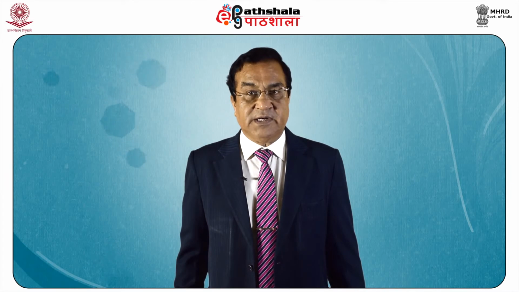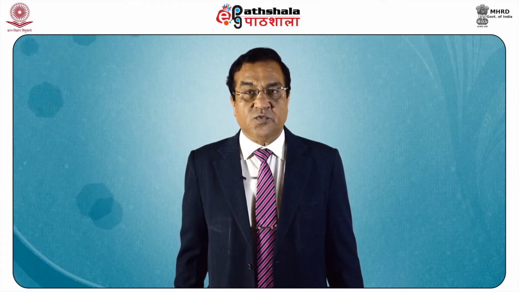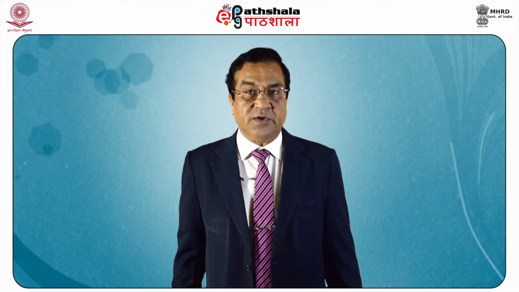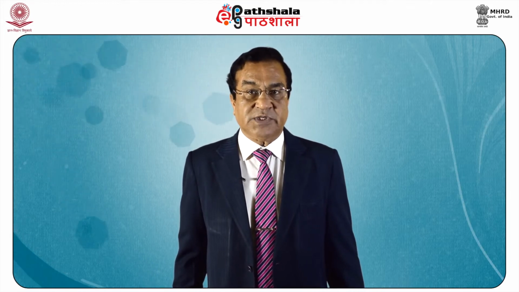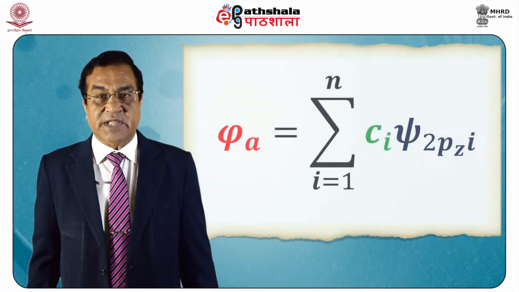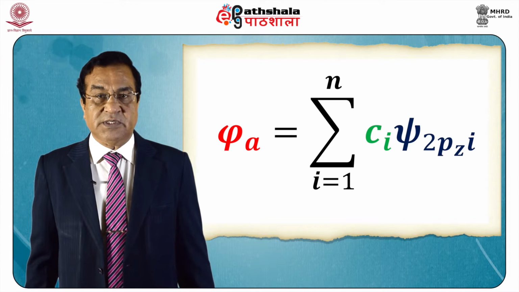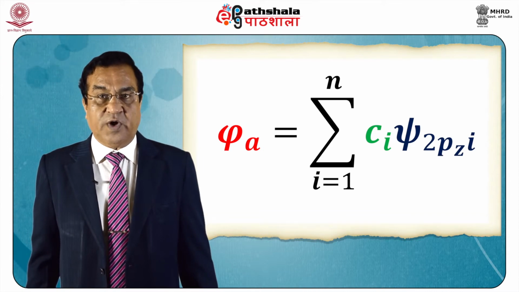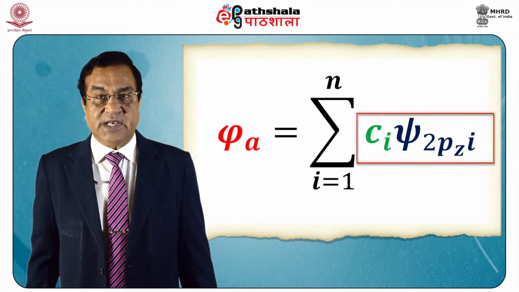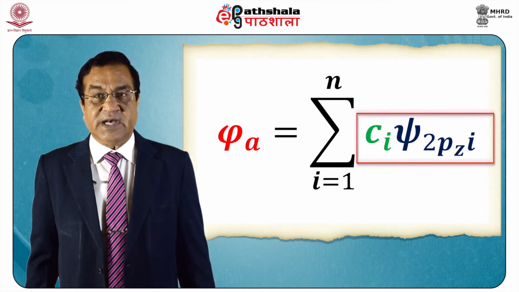We have already learned that in this theory we apply LCAO MO approximation in which molecular orbital is written by the equation. That means phi A is equal to summation i from 1 to n, Ci psi 2pzi.